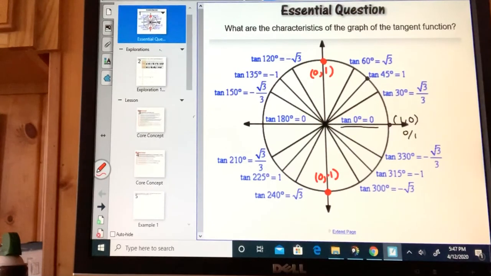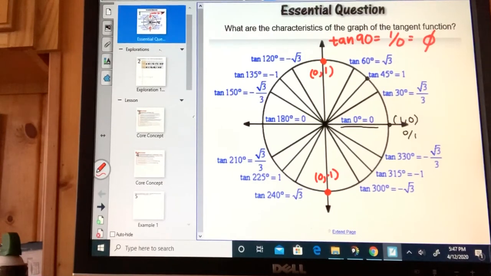Now, if I'm saying that sine is the y value, for tangent at 90 degrees, I would get 1 over 0. Now, most of you see it right now. The reason why we don't have a value there is because if I'm dividing by 0, I don't actually have a value for tangent. So this is undefined. It doesn't actually happen here.